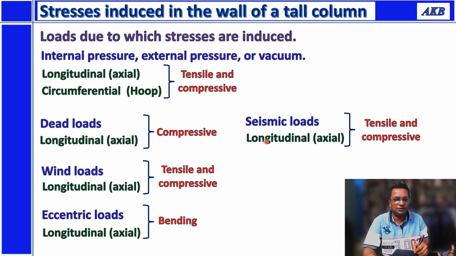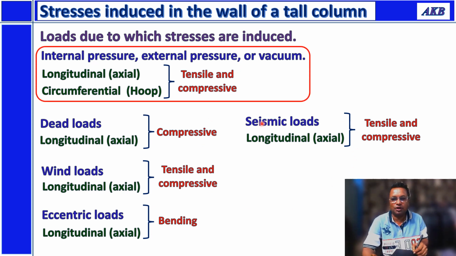Seismic loads are going to induce longitudinal or axial stresses, and they will be tensile and compressive. So in my coming discussions I'll be covering all these stresses, and today I'll be talking about the longitudinal and circumferential stresses that are induced due to internal pressure, external pressure, or vacuum.